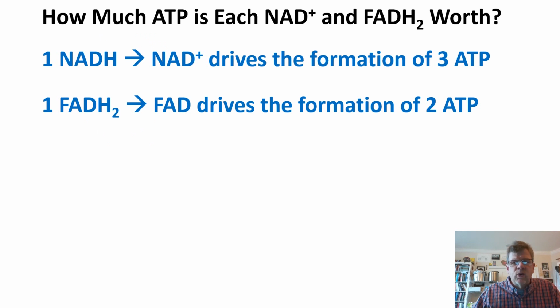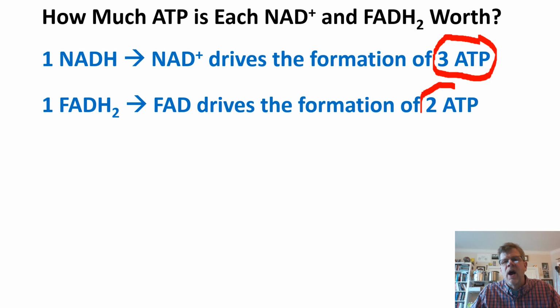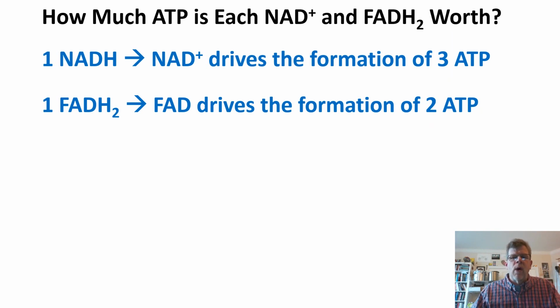Now, the actual exchange rate: 1 NADH going back to NAD drives the formation of 3 ATP. 1 FADH2 going to FAD drives the formation of 2 ATP for each one that is reoxidized back. So now we have this understanding of what at least the exchange rate is.